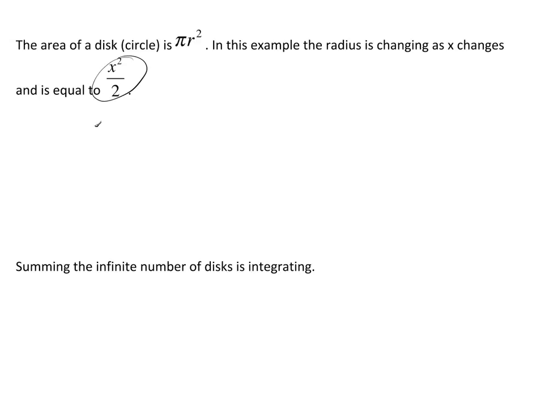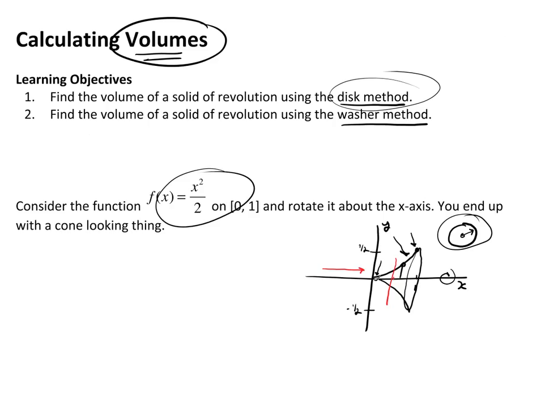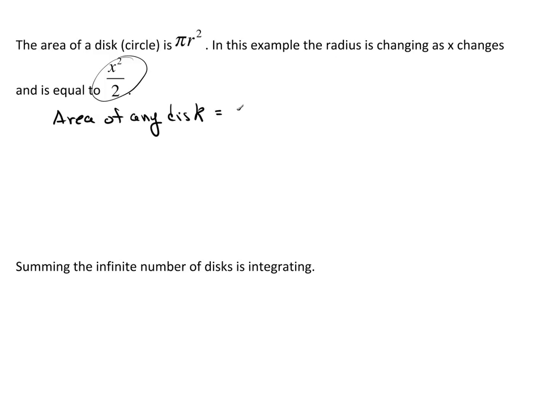So I can say then that the area of any disk, as I move along the x-axis inside of this particular solid, can be represented as pi r squared, but that's pi times x squared over 2, squared, because this is the radius, r. And that's obviously equal to pi times x to the 4th over 4.